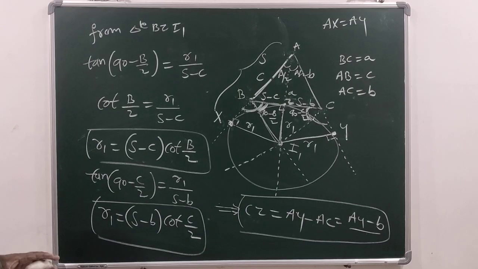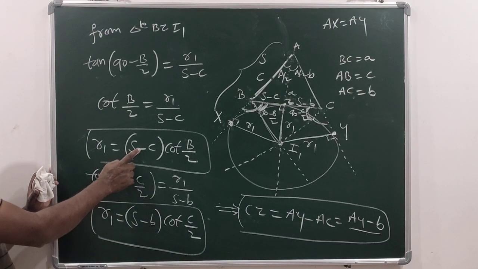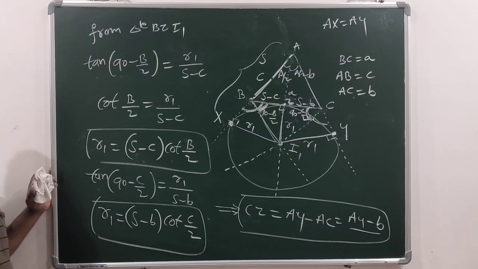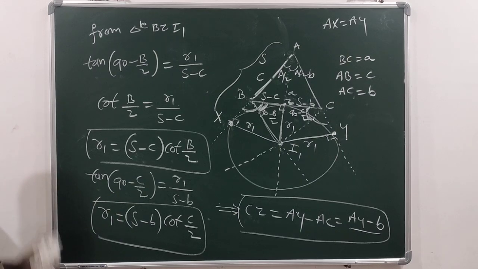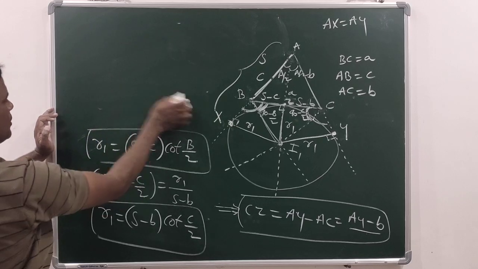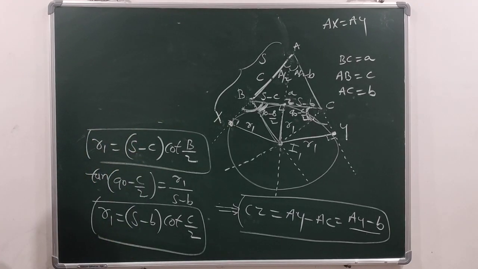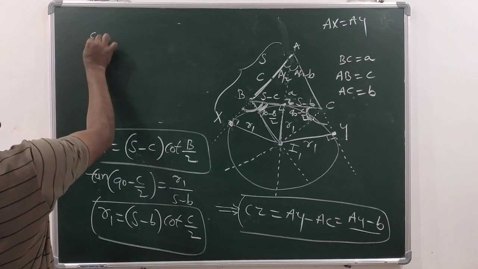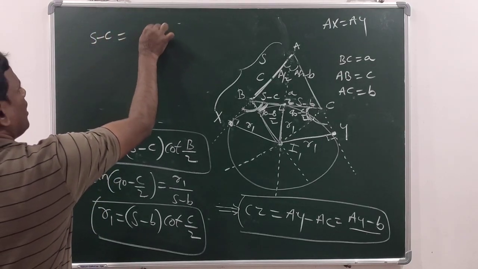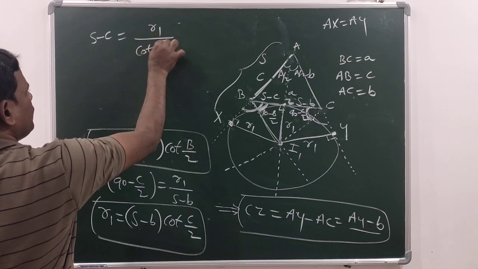Right. Now make S minus C as the subject. On making S minus C as the subject, what do you get here? So here I want to make S minus B and S minus C as the subject. So if you make S minus C as the subject, R1 by cot B by 2 you will get.